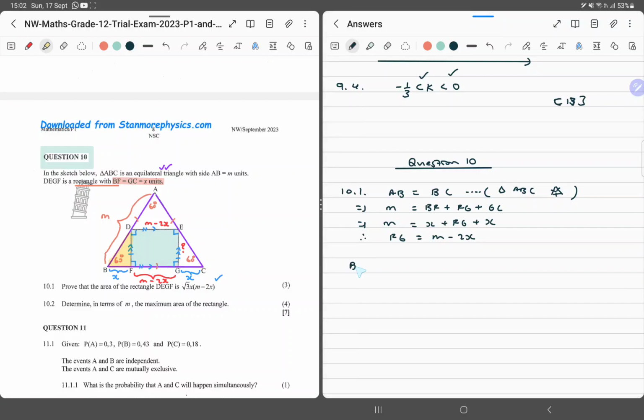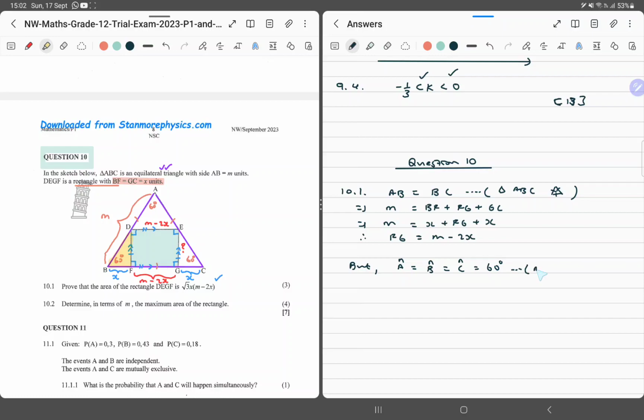Now we know for a fact that angle A is equal to angle B, equal to angle C, equal to 60 degrees.